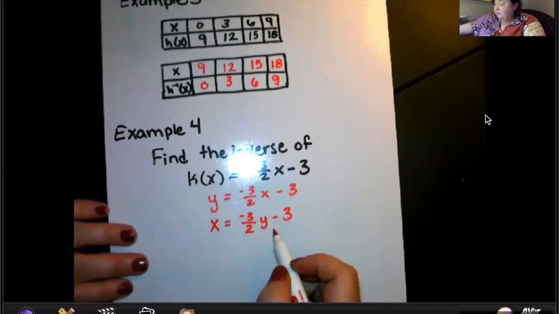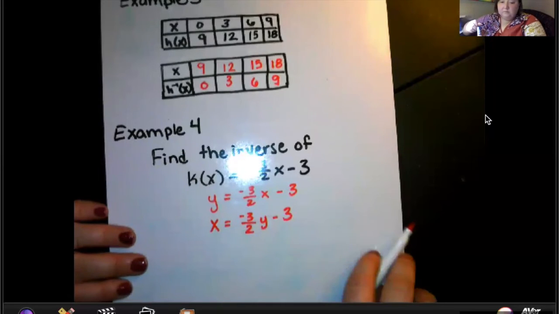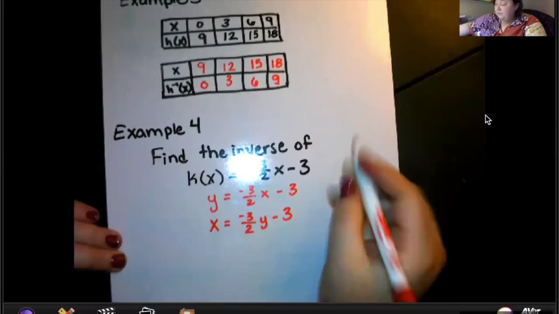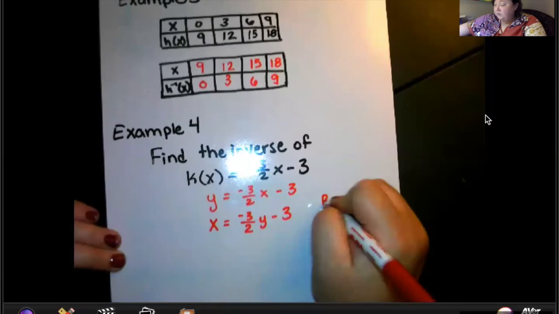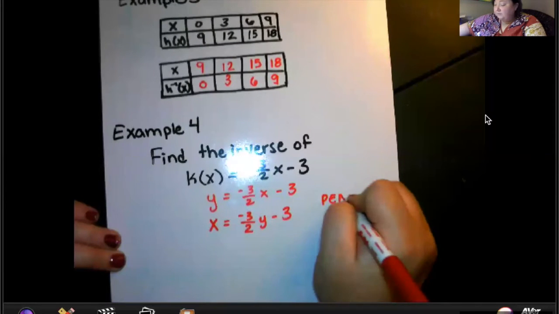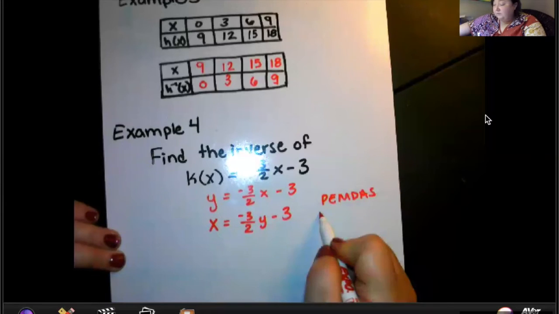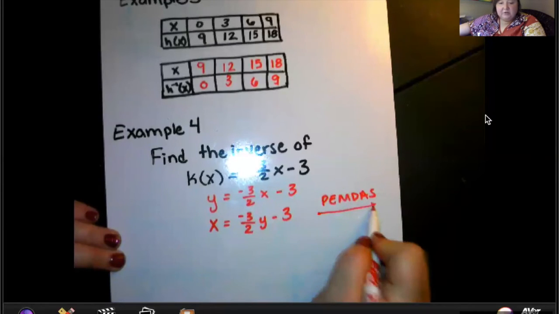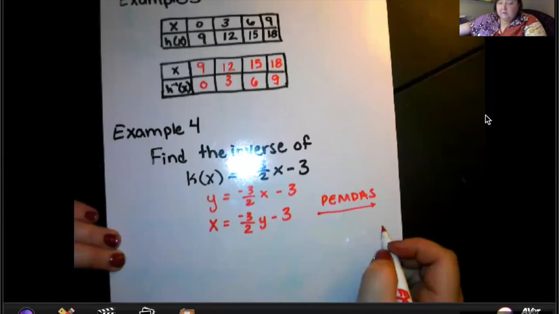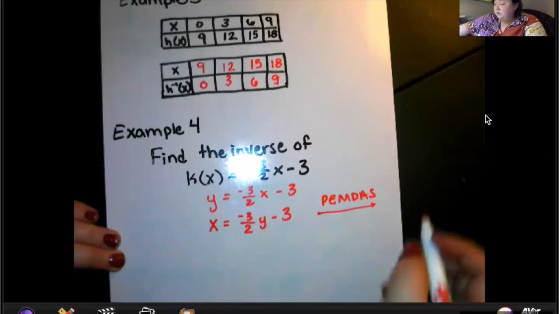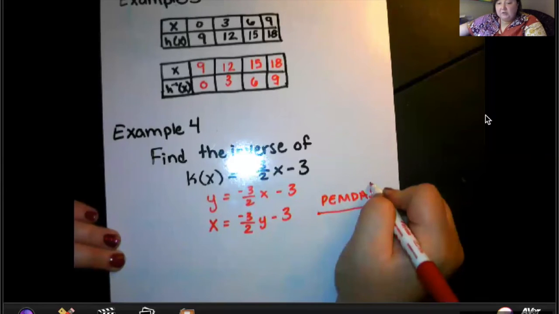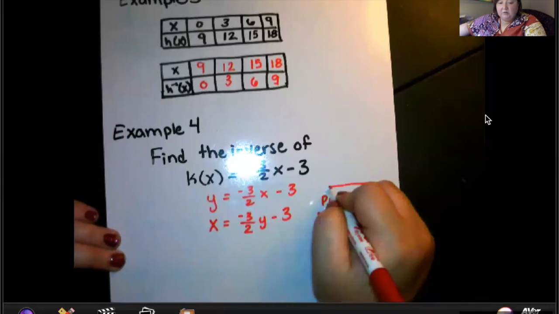So the first step: if you think about your order of operations, when you are simplifying, you start from parentheses or grouping symbols and then go all the way down to addition or subtraction. Now if we're solving, we're going to start with our addition or subtraction and go back to our grouping.